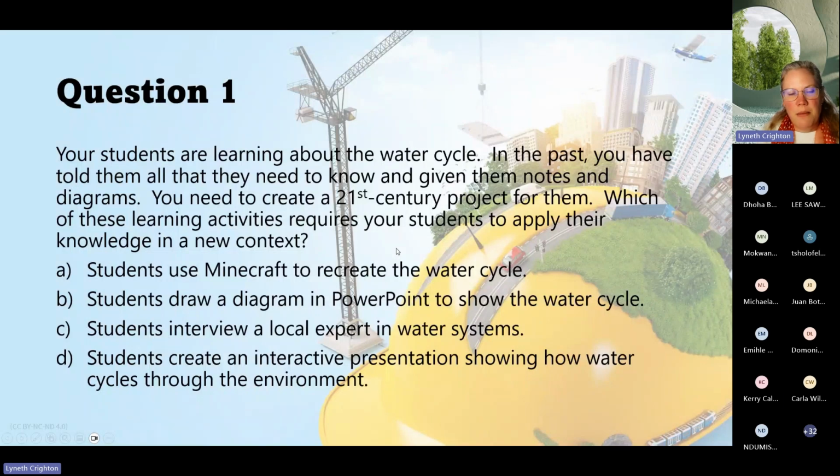Now, in the exam, it does come in sections, so all the knowledge construction needs tend to be together, all the collaboration and so on.